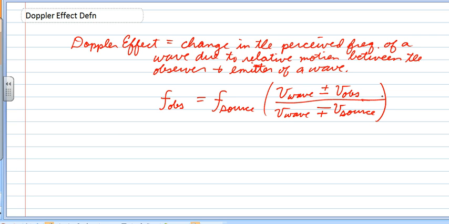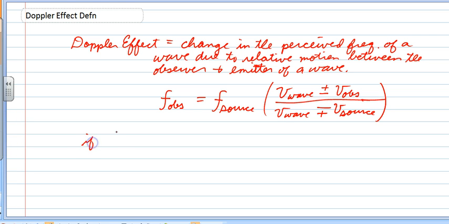And I'll be giving a good example of this in the next video, but what is the deal with those plus and minuses? Basically, if something is moving towards you, you're going to use the first or the upper ones, the plus and the minus.